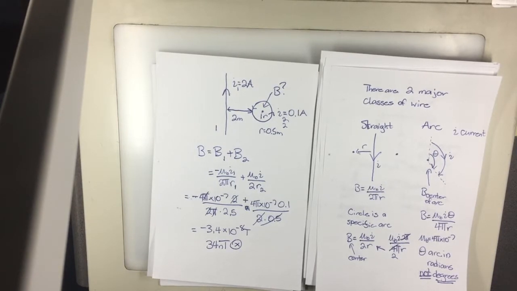And so a lot of this is just summing up. The B fields add up. The B field created by one object at one point also experiences a B field from another object at that point. And so we add those B fields together. And so this is just adding up B fields.